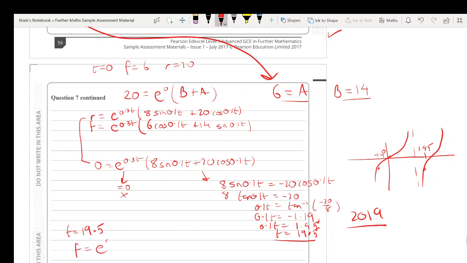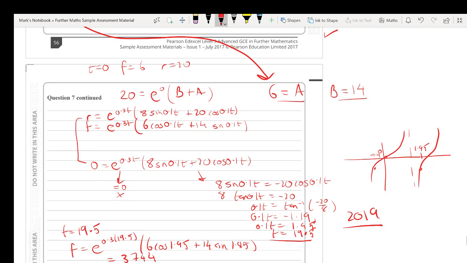So f is going to be e to the 0.3 times 19.5 times 6 cos of 0.1t, which is 1.95, plus 14 sine of 1.95, and see what we get. Okay, I get 3744.